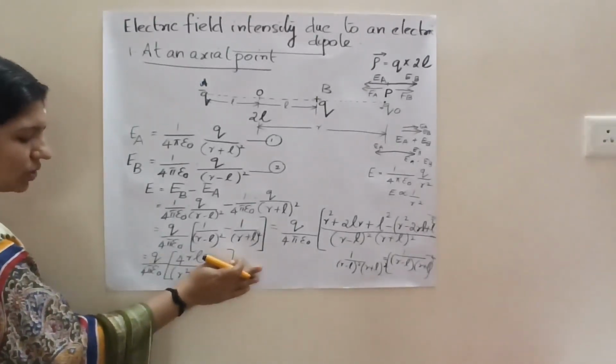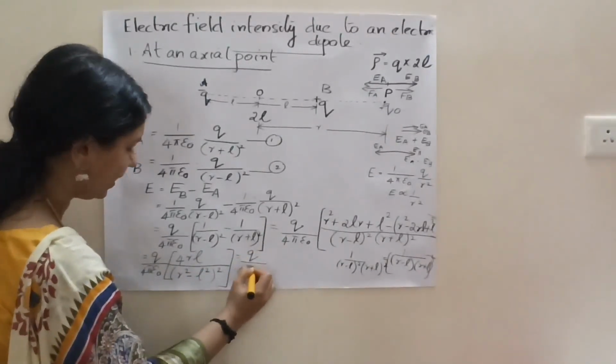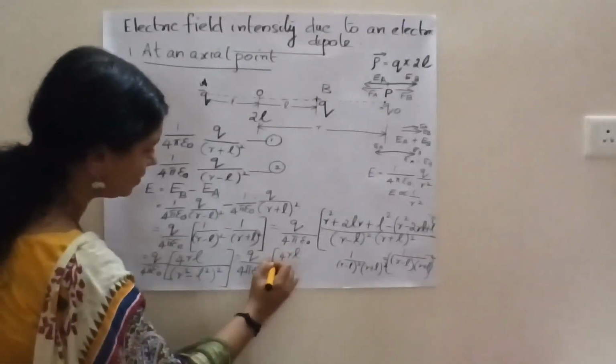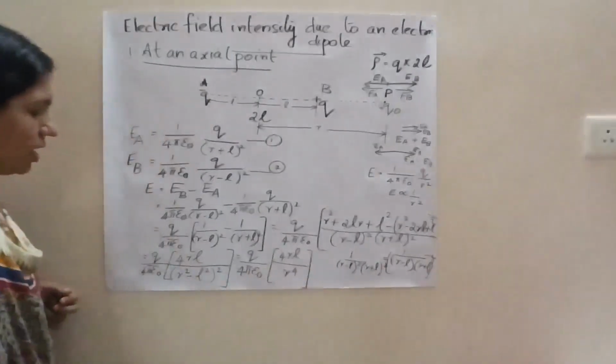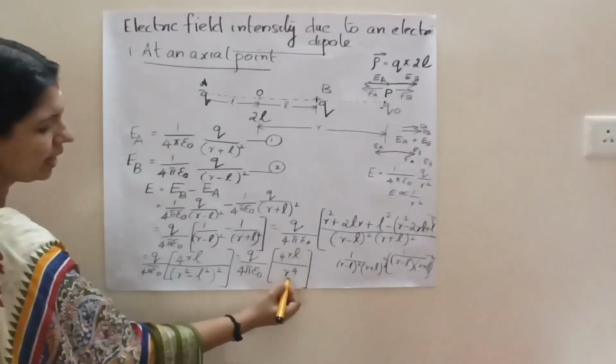So what is the final equation then? Q by 4 pi epsilon naught, 4rl by r raised to 4. Isn't it? So Q by 4 pi epsilon naught 4rl by r raised to 4.